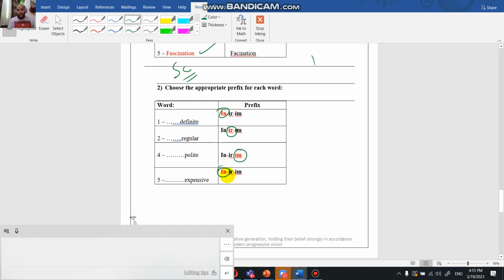Some people say that we have rules for those. We don't. We don't have rules, okay? Some people are going to say, but teacher, whenever we have a word that starts with an R, we're going to add ir. 99%. Not always. You see? And I have the exceptions. You see? So here, you have to revise it word by word, okay?